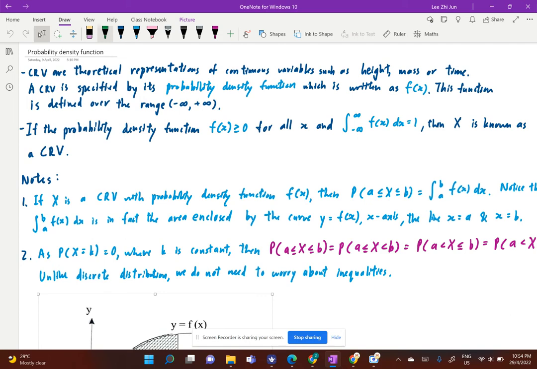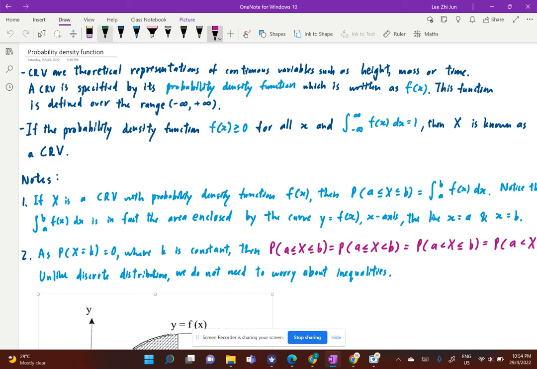This function is defined over the range negative infinity to positive infinity. If the probability density function f(x) is larger than or equal to 0 for all x and is defined over the range with total equal to 1, then X is known as a continuous random variable.